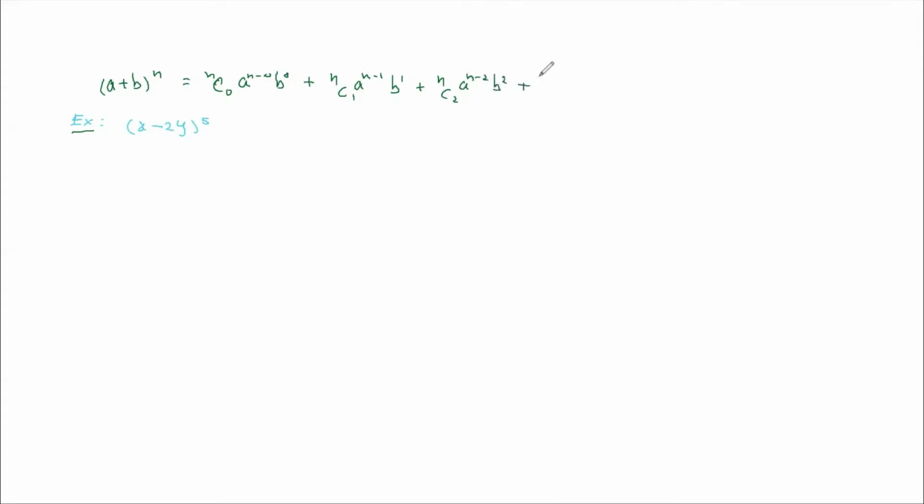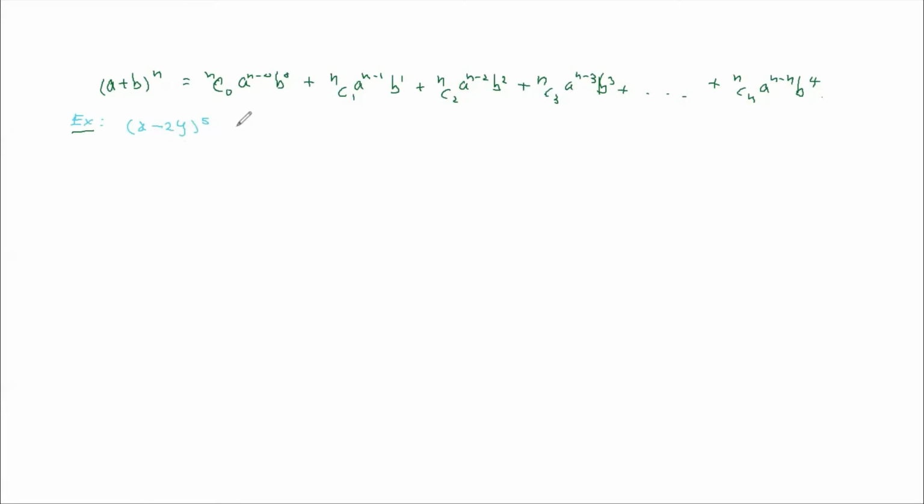Plus the next term, keep going, nC3 a^(n-3) b power 3, and do up to the nth term, I mean this one, nCn a^(n-n) b power n. Okay, now we come back to solve our question here.